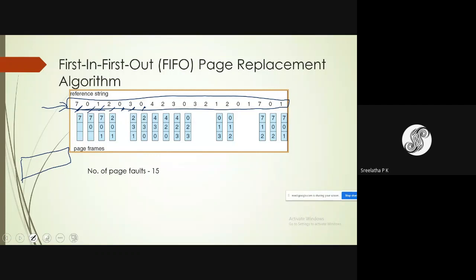It is requesting some instructions, and it sends the address indicating in which page number the instruction is present. So the first reference is to page number 7, with some offset, say 3. Instruction 3 in page 7 is required by the processor.